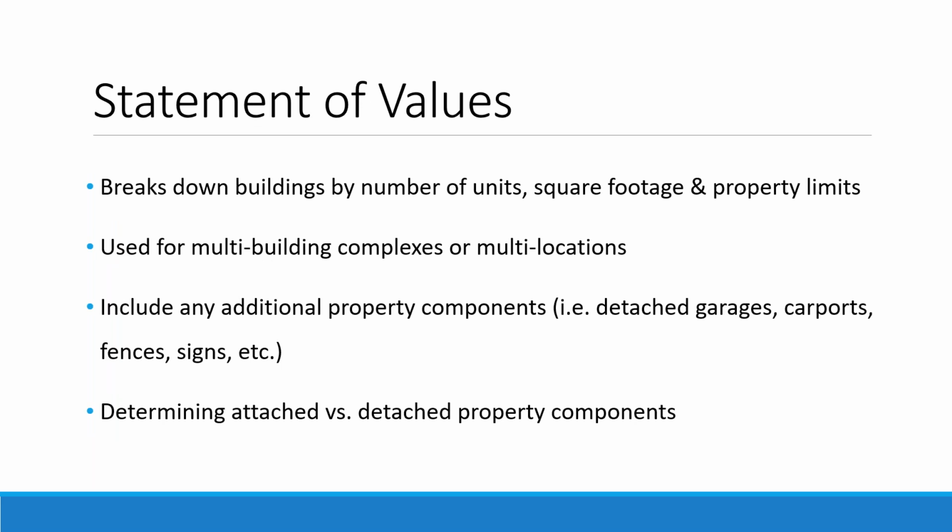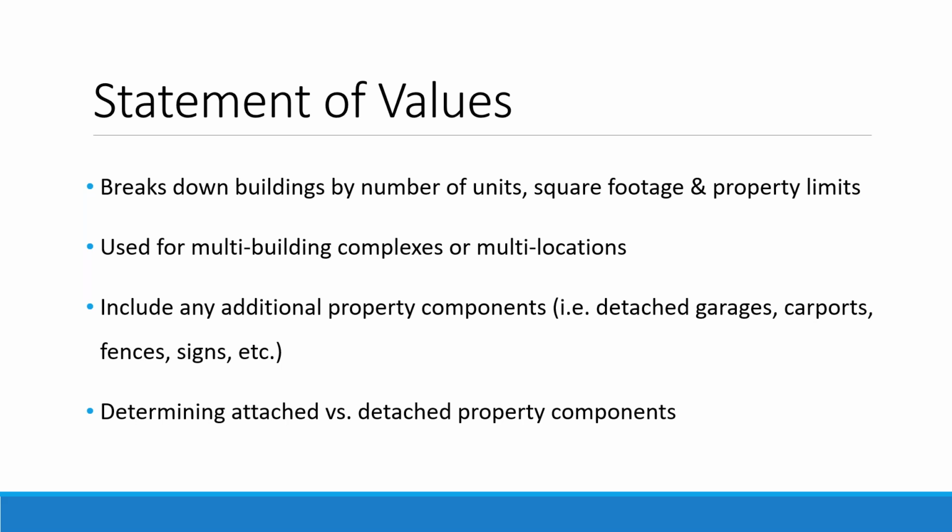All right, so I did talk about a statement of values a few slides ago. This helps when we have to break down a location that has multiple buildings. Say there are 7 buildings within the complex.